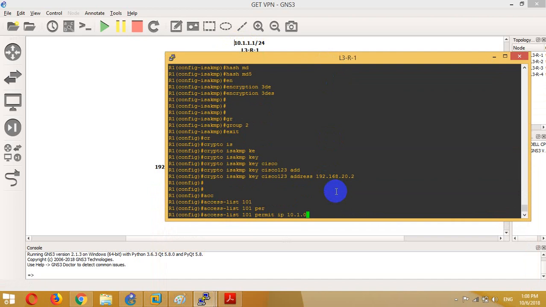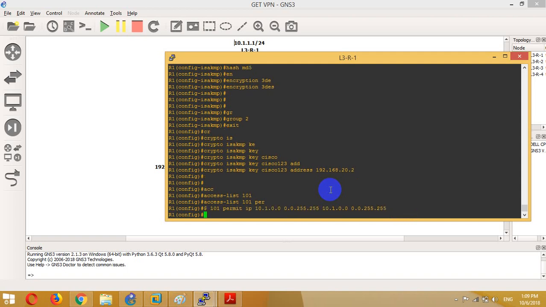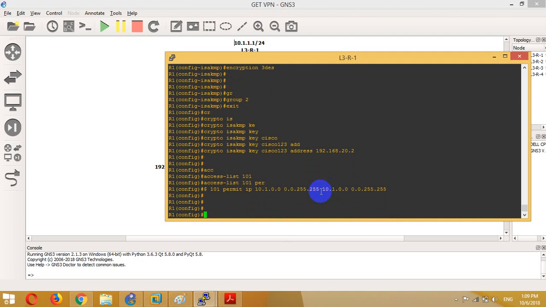So I will write an access list to define exactly which traffic I'm going to encrypt. Access list 101 permit IP 10.1.0.0, and on the other side also 10.1.255.255, enter. By the way, we configured the access list, the interested traffic.